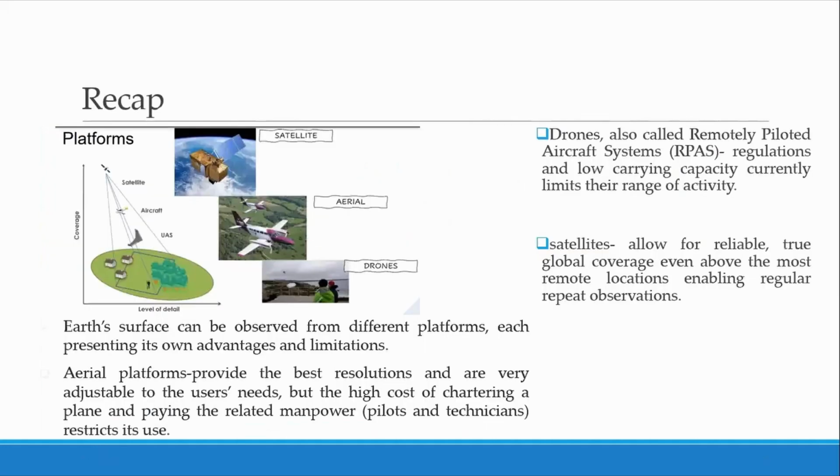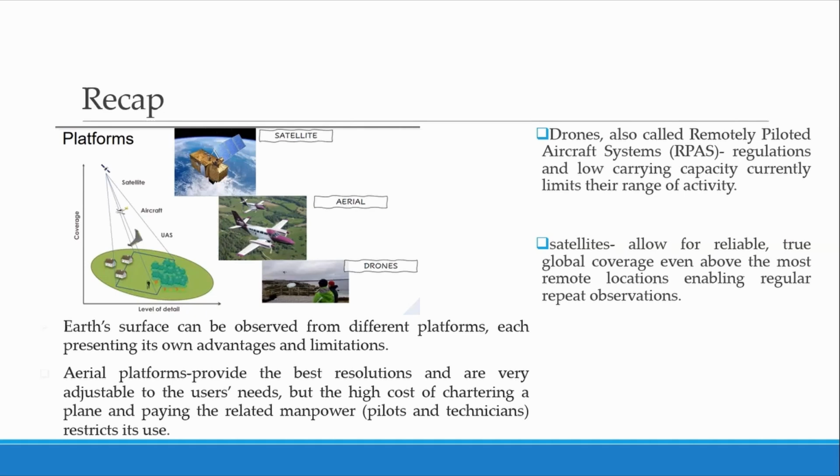You also discussed that since you're using different sensors to capture this information, you're capturing it at different levels. It can be on the ground, or aerial, or you're using space, which is the satellite. The higher you go off the ground, the larger the coverage you're able to cover. However, it means you're going to capture little detail within that coverage, so there is little detail that you can distinguish.